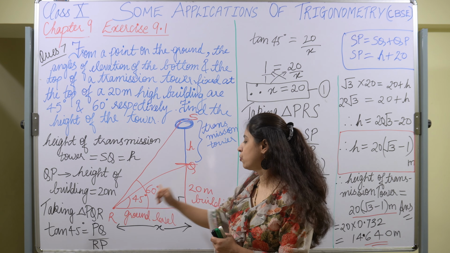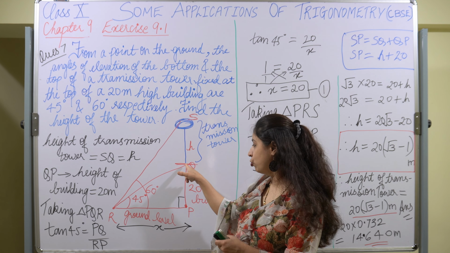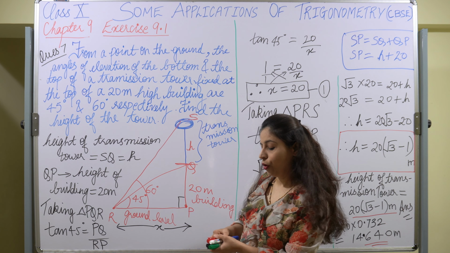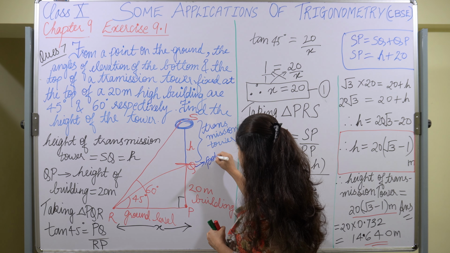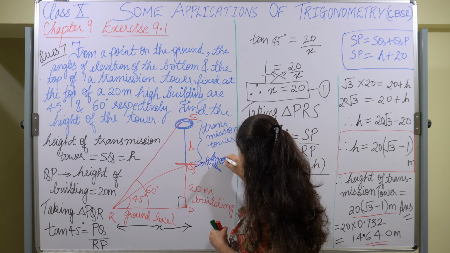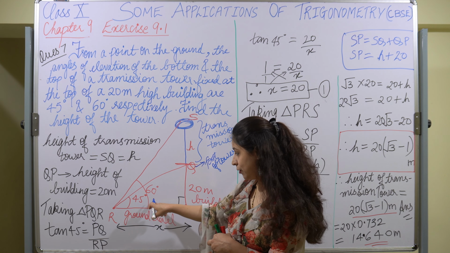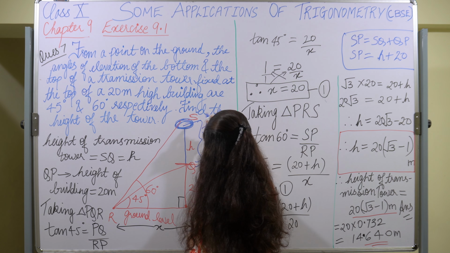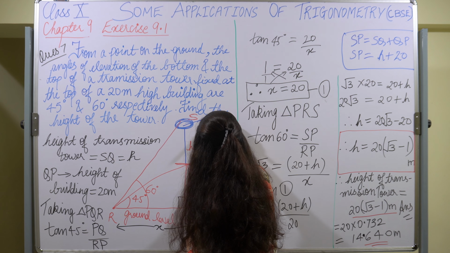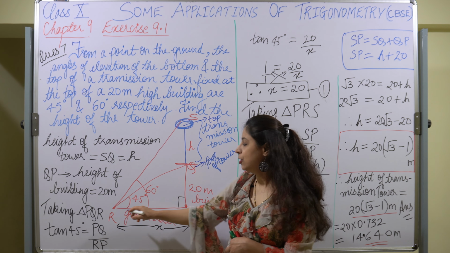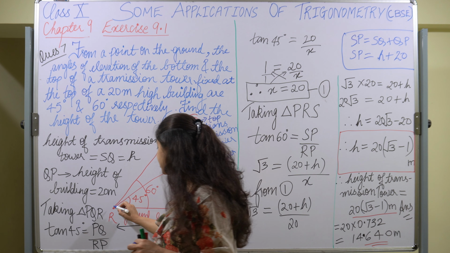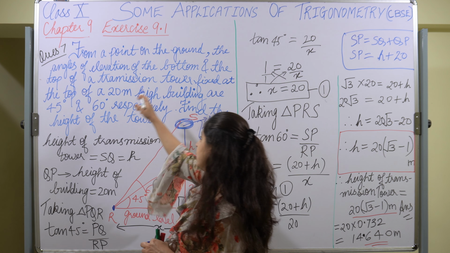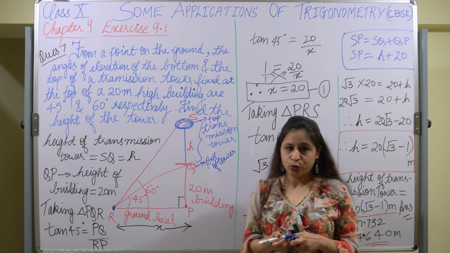From the foot of the tower it was 45 degrees, so I had drawn Q as the foot of the tower. From the top it was 60 degrees, and R is the point on the ground which is given in the question.